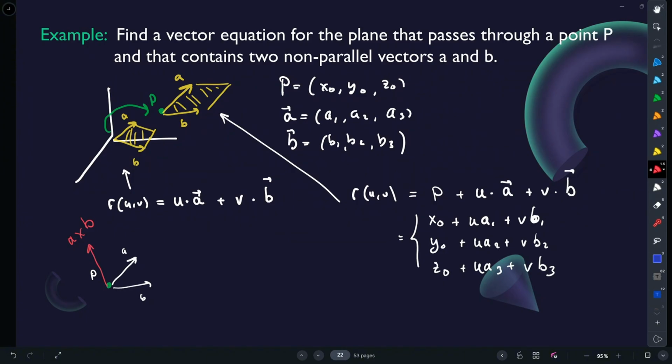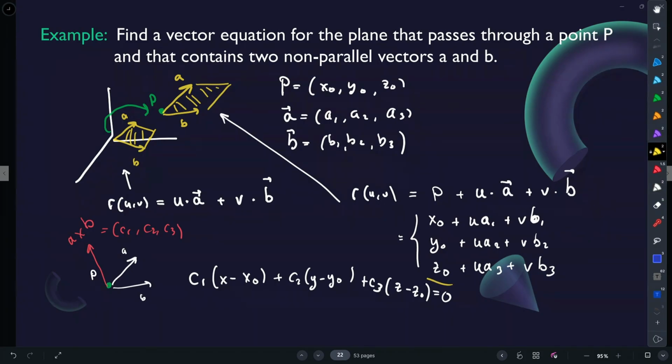If A cross B is, say, C1, C2, C3, then I can use the normal vector and point equation of a plane, which is going to give me C1 times (x minus x naught) plus C2 times (y minus y naught) plus C3 times (z minus z naught) equals 0.